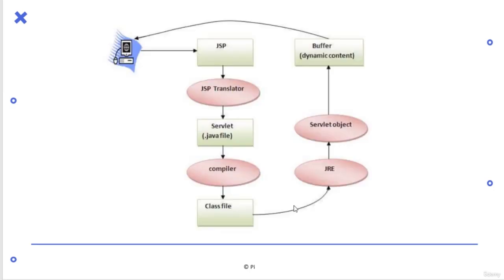So I will show it in a pictorial manner here. JSP translator, then servlet file, then it will compile and create one class file, which loads to the JRE, Java Runtime Environment, then servlet objects, then the buffer, that is dynamic content. Actually the buffer is for loading the page step by step.